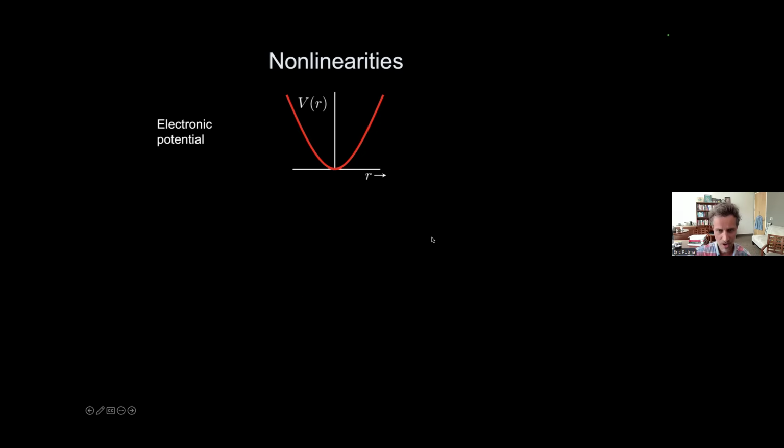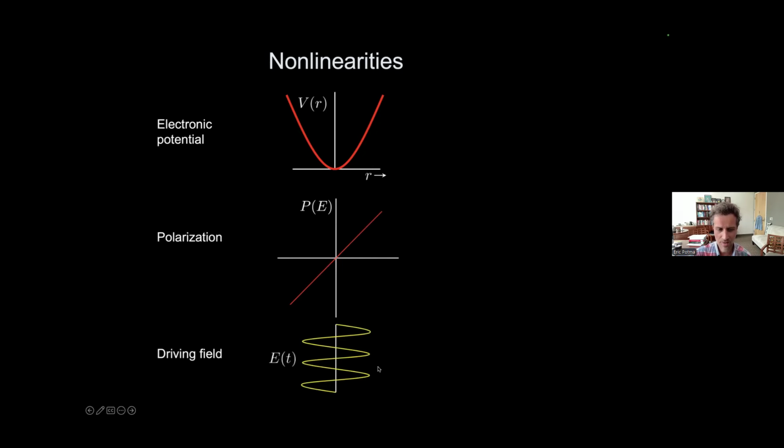So when I come in with my driving field, this is my light field here below, you can see that the polarization is a function of the magnitude of the electric field. It's just a linear function, okay? Which means simply that the polarization just mimics the shape of the driving field oscillation, all right?